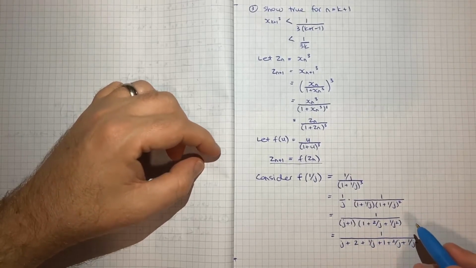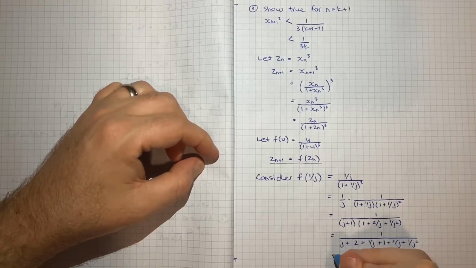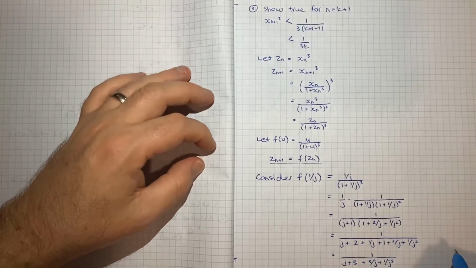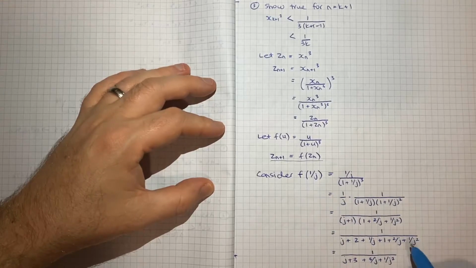And that really we can write as equal to, and we'll get j plus 2 plus 1, so j plus 3 plus 3 on j plus 1 on j squared. So that's what we can say about this f of 1 on j.